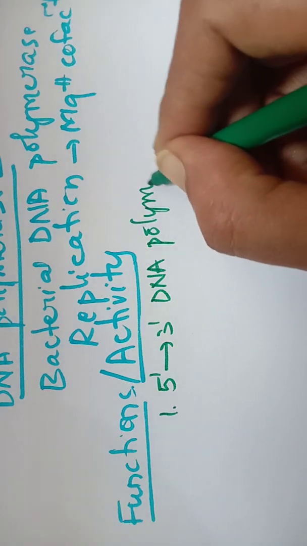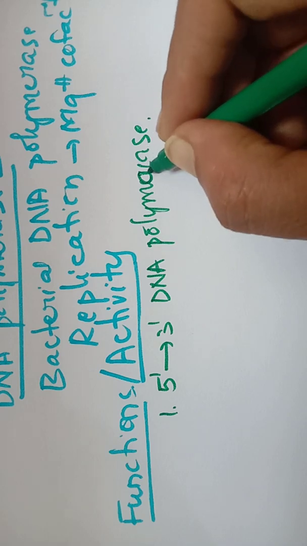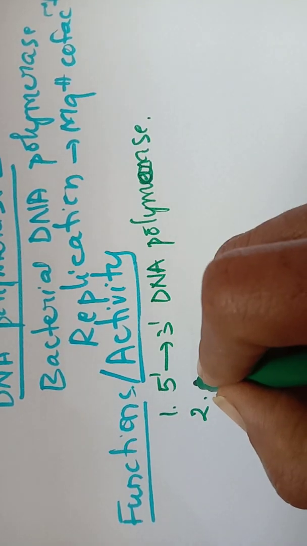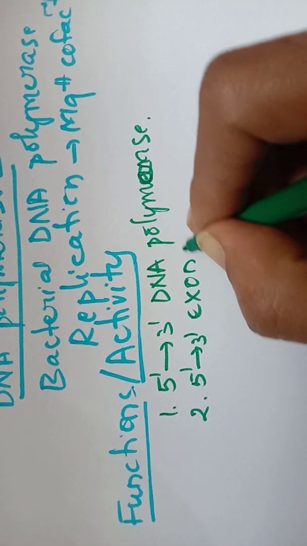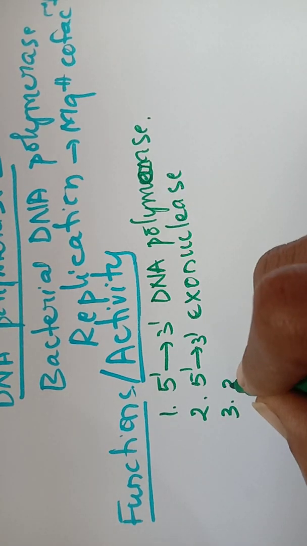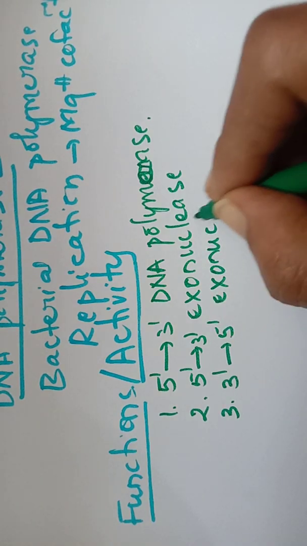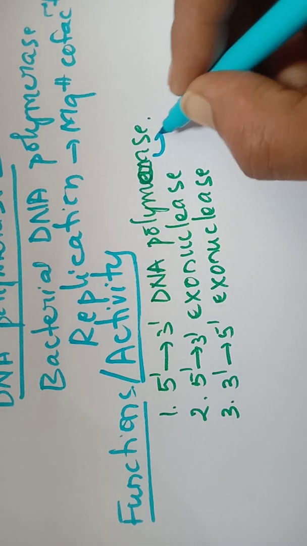The second one is 5' to 3' exonuclease activity. The third important one is 3' to 5' exonuclease activity.